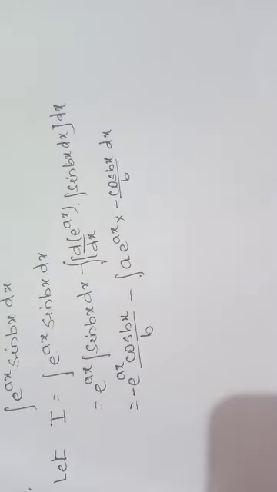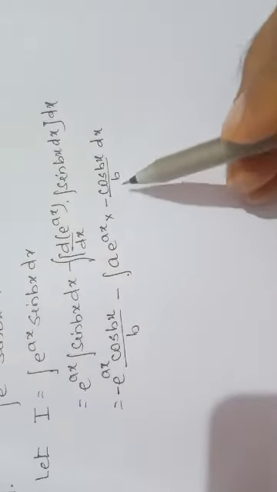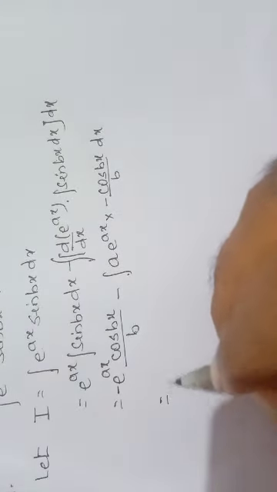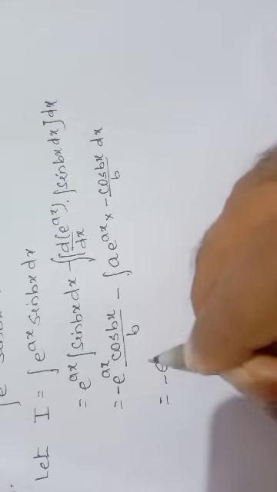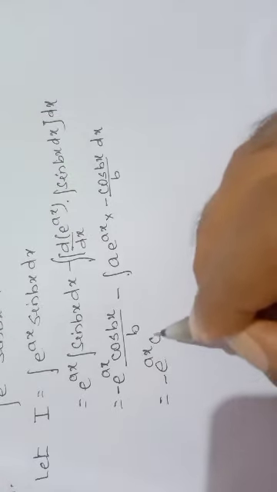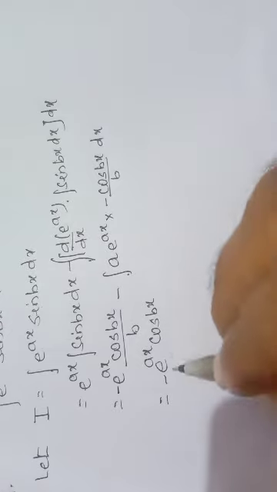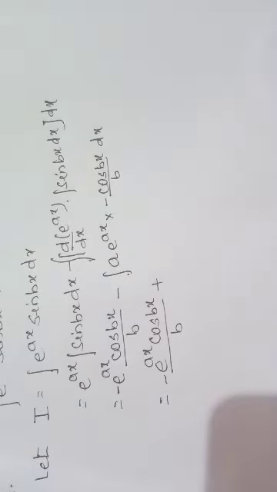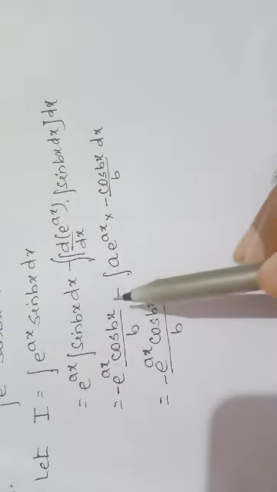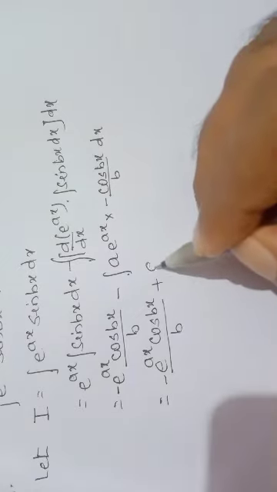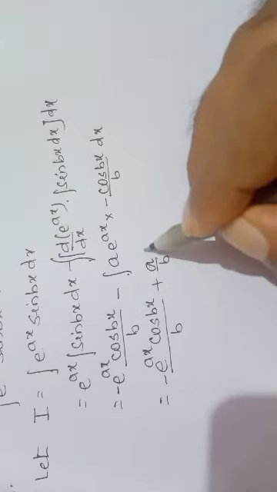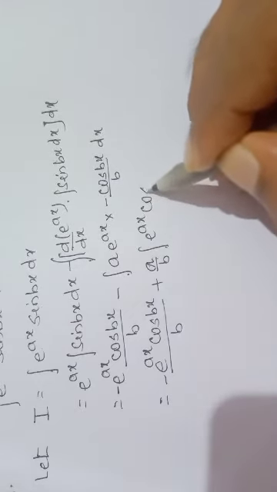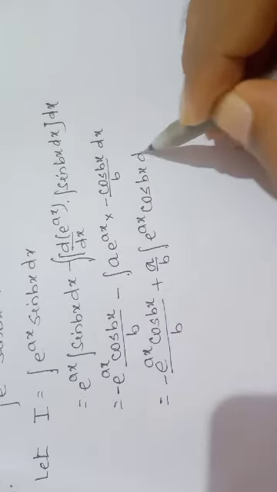Here minus a upon b is a constant, so take it outside the integration. So we have minus e to the power ax into cos bx divided by b, and this becomes positive because minus and minus come here. So plus a upon b, e to the power ax into cos bx dx.